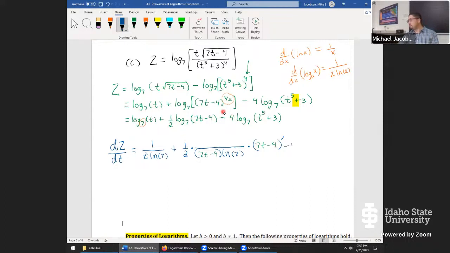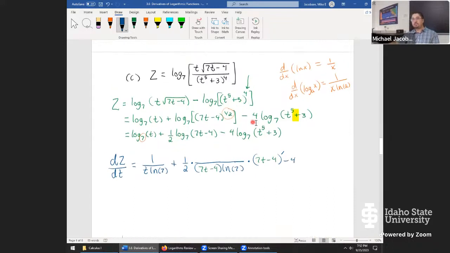Next, it's minus 4. It's another logarithm, so this one will go times 1 over something times natural log of 7 times the derivative. I'm running out of space, so let me just try to make this fit. Oh geez, that's not going to fit. One more try. I think I can get this in there. Always is weird to run out of the edge of the paper on a computer.